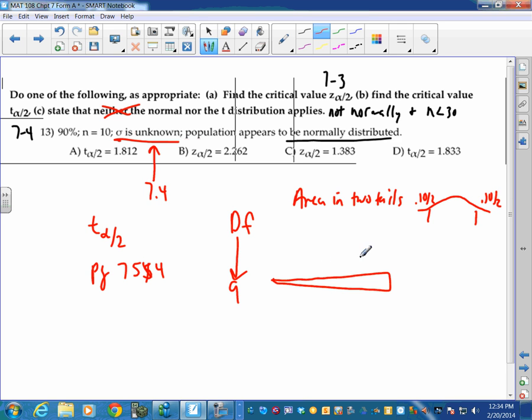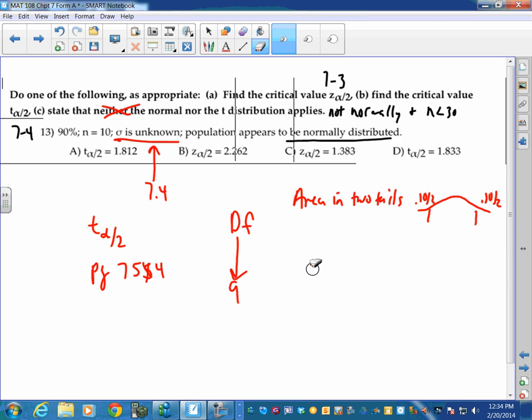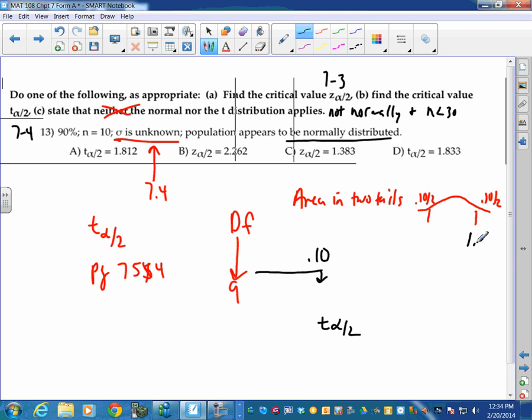So if I put both of those together, what is the area in my 2 tails going to be? If I add them together. Yeah, it's going to be 0.10. That's the area in 2 tails. So I go down, I go over to where it says 0.10, and I look, and that gives me my T alpha over 2 score. So I go down to 9, over to 0.10, and I get 1.383. Okay?